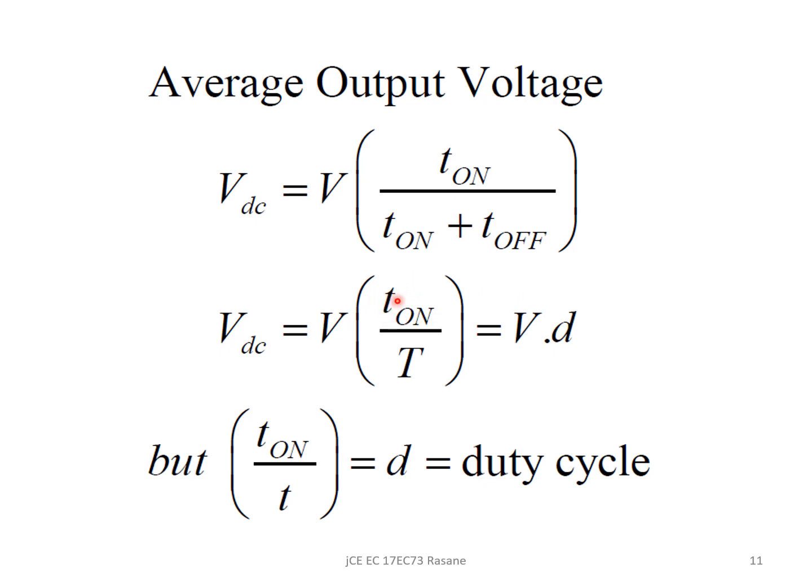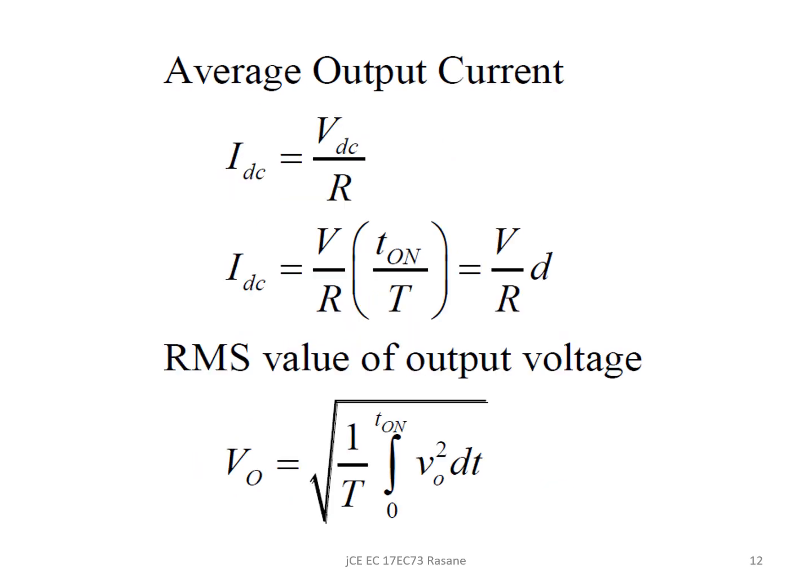If T on decreases, K or D will decrease and the output voltage will decrease. IDC is basically evaluated by VDC by R. So IDC is VDC, which is V into T on by T, upon R. So I'll get V upon R into the duty cycle.